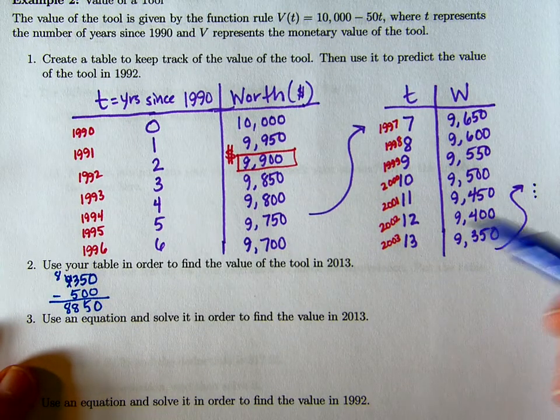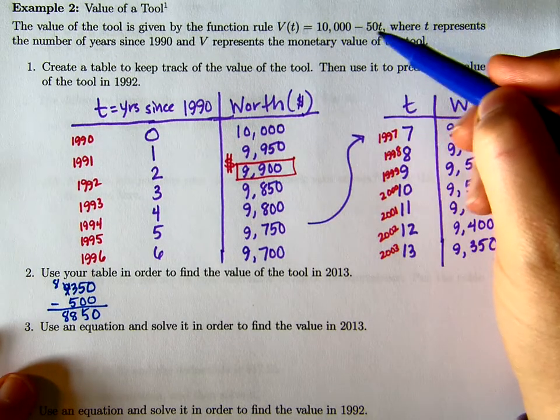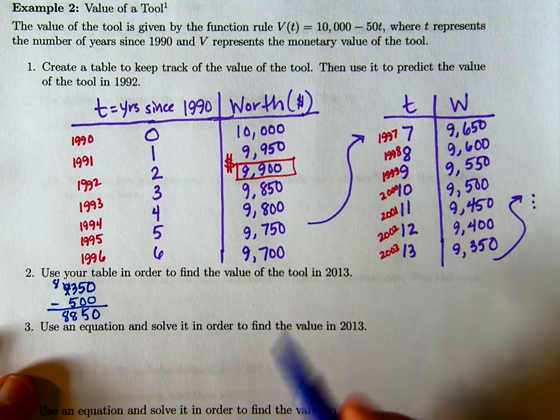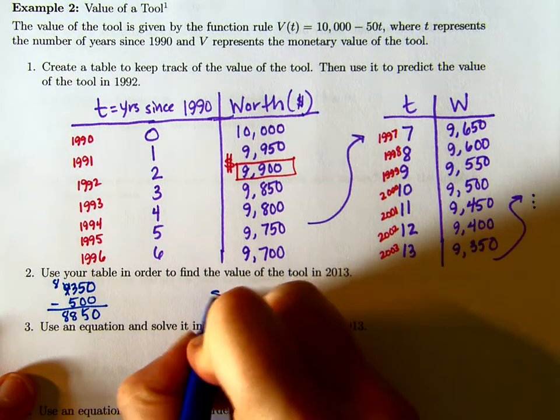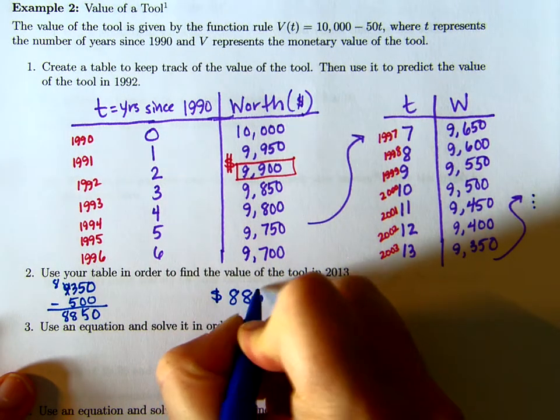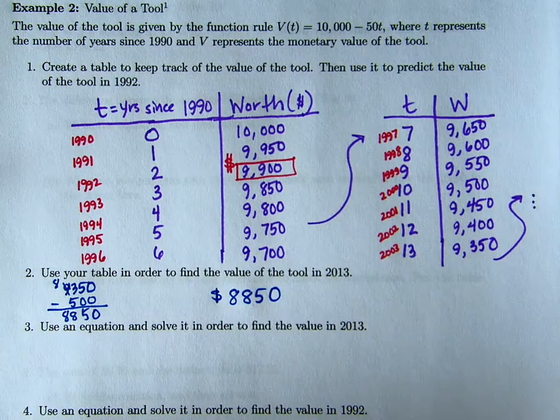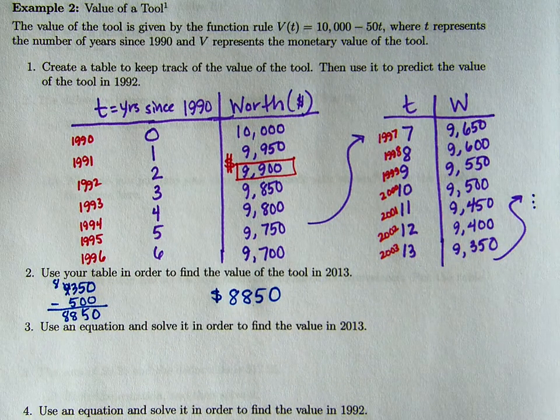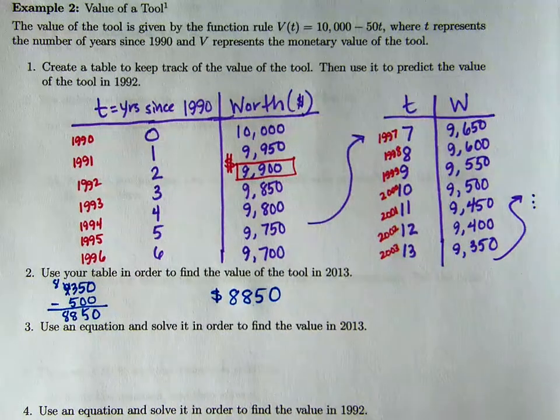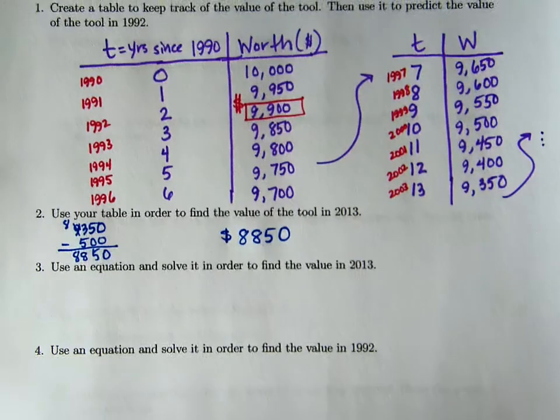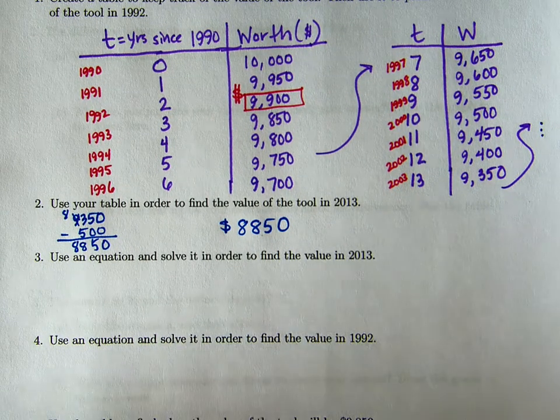And then I just said, well, 10 more years would be 10 more 50s, and that's $500. In 2013, it'll be worth $8,850.